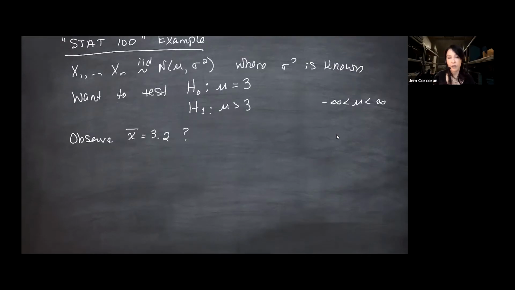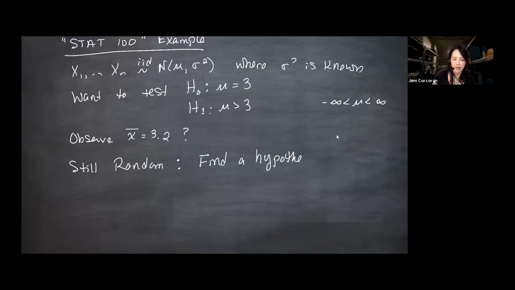So I don't know what to do with this. We should look at it while it's still random, because that's what math stat people do. So I'm going to find a test of size or level of significance alpha based on the sample mean.